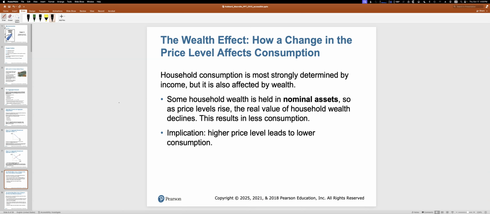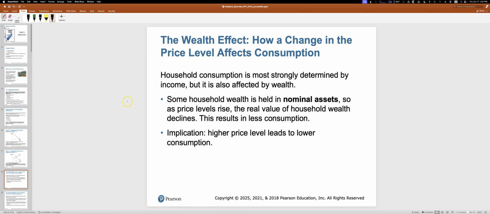As you would expect, as price levels rise, people feel poorer, right? Their wealth can't buy as much because the price levels have gone up. And so as they feel less wealthy, their consumption falls. Okay, so that's our wealth effect.